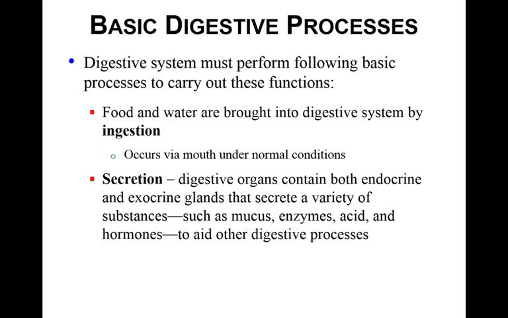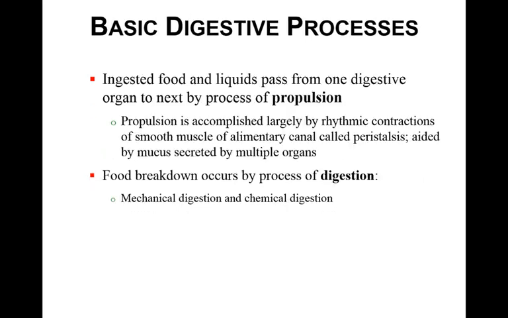All of those substances help with breaking down the food. Then we go through the process of propulsion. This is when the food and liquids pass from one digestive organ to the next. It's basically really big rhythmic contractions of smooth muscle in the alimentary canal called peristalsis. This is also helped by mucus in multiple organs in this system.